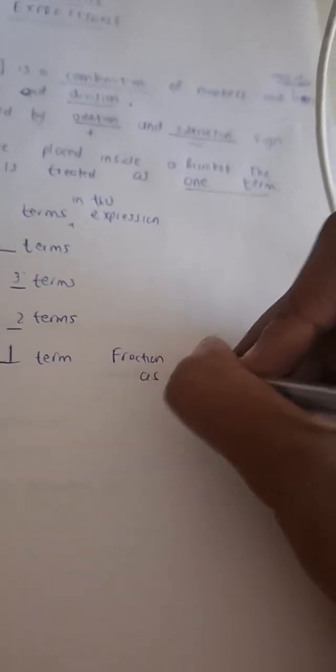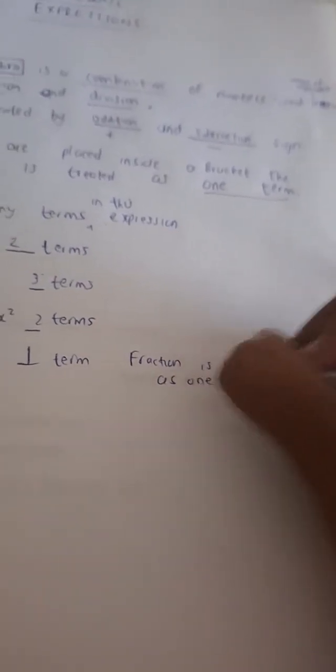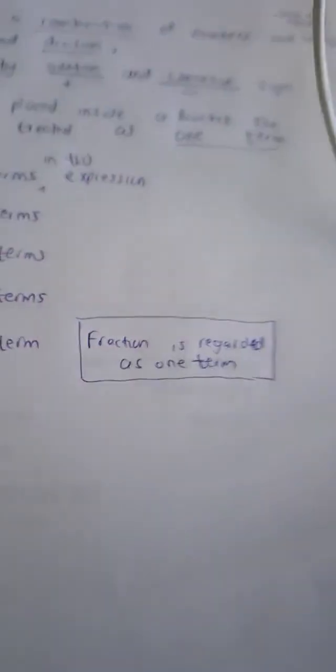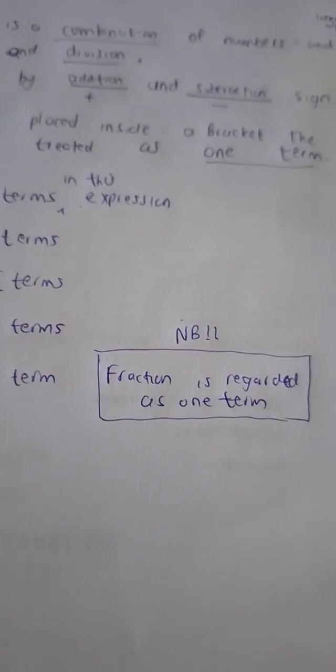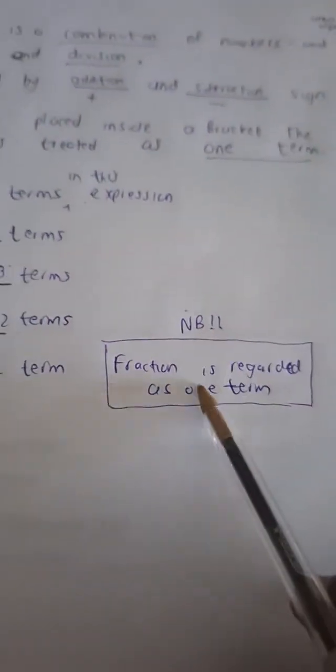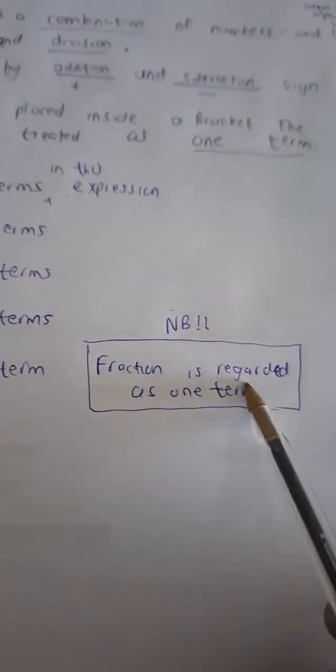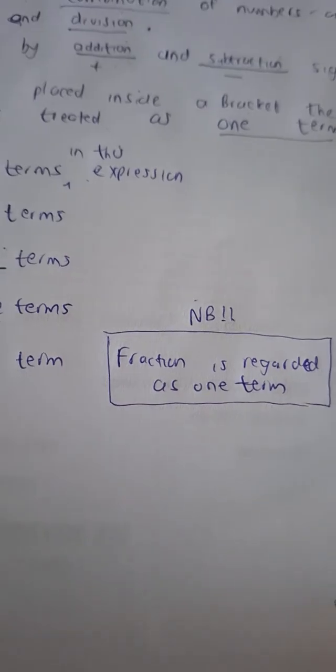A fraction is always regarded as one term, guys. One term always. NB, don't forget that. So all of those people that said 2 terms, 3 terms and so forth, take note, a fraction is regarded as one term.